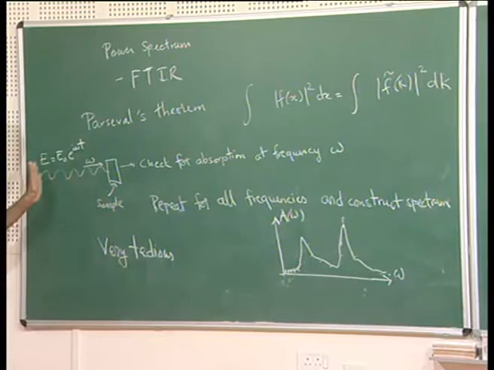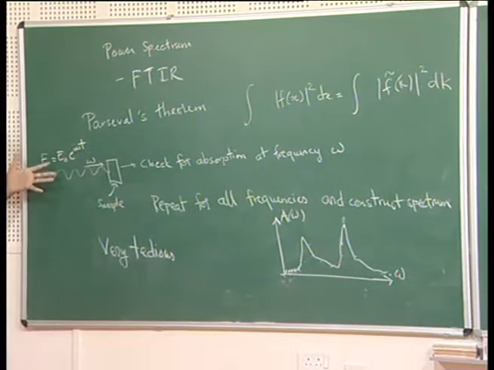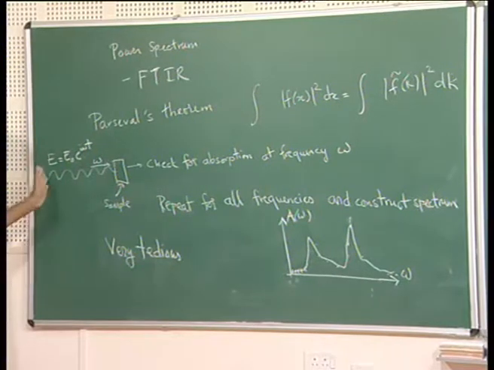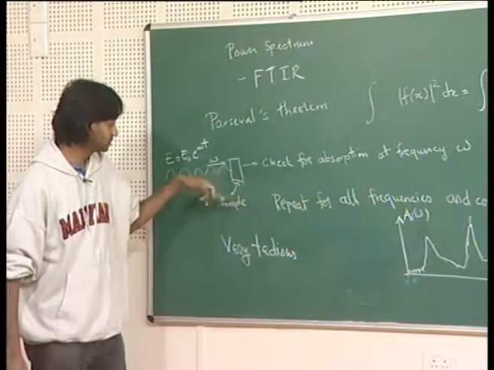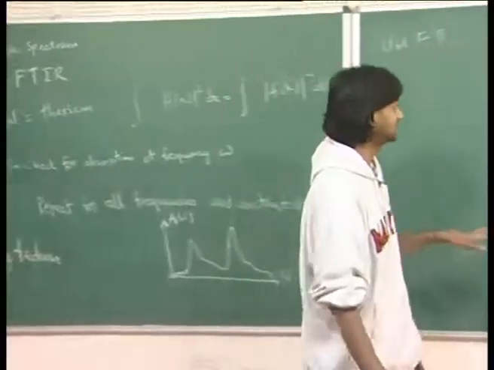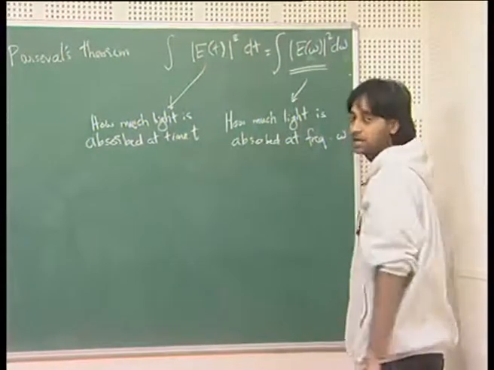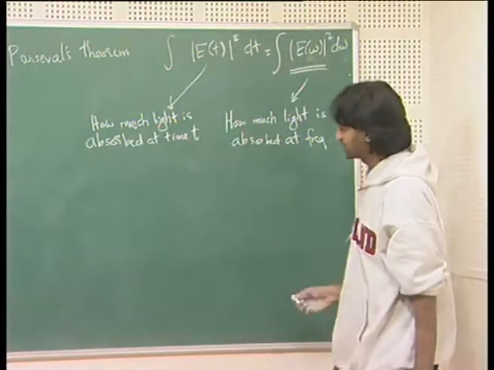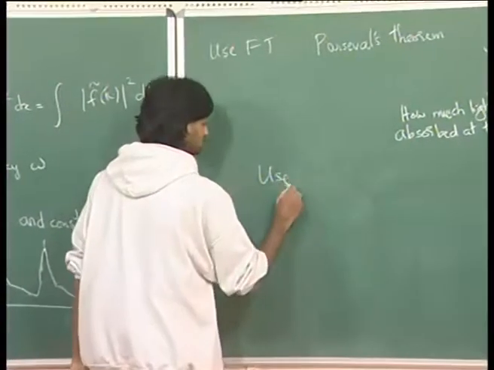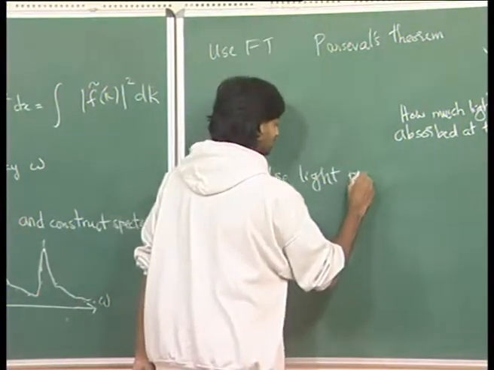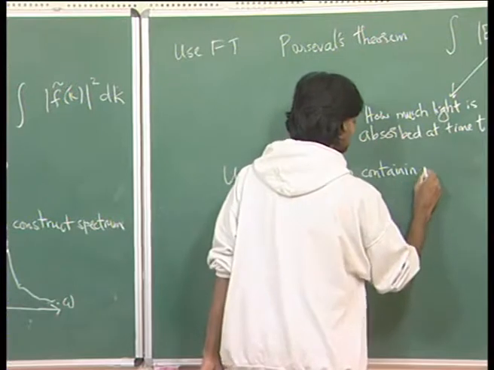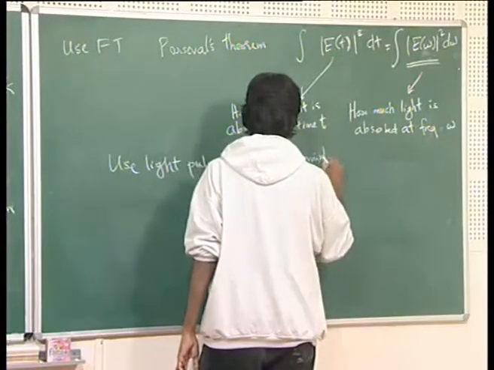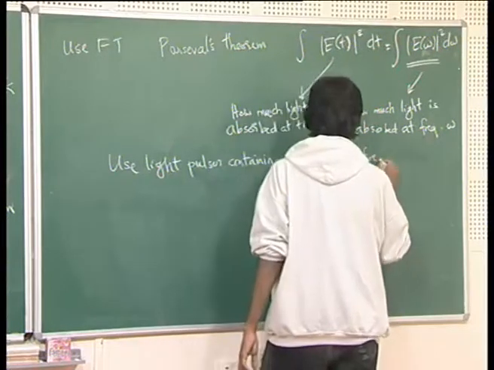You send various pulses of different durations, and you program it in such a way that you know the distribution of frequencies in each pulse, and you just measure the total light that is being absorbed. So, you use light pulses containing a mixture of frequencies.